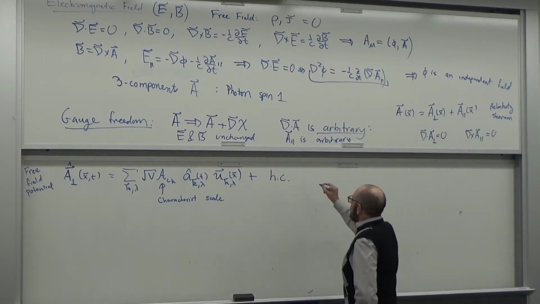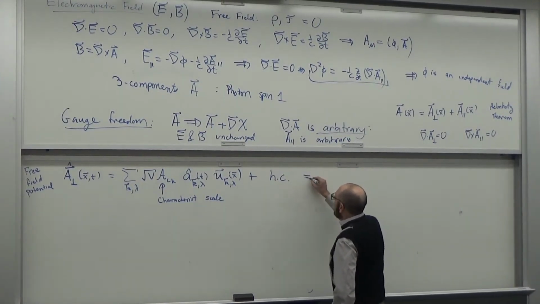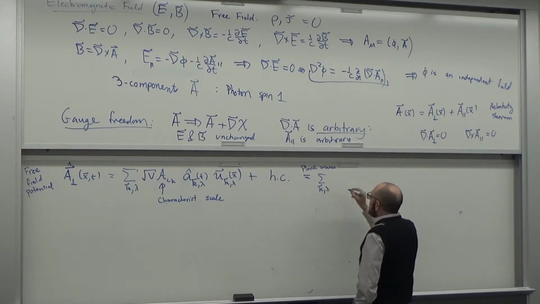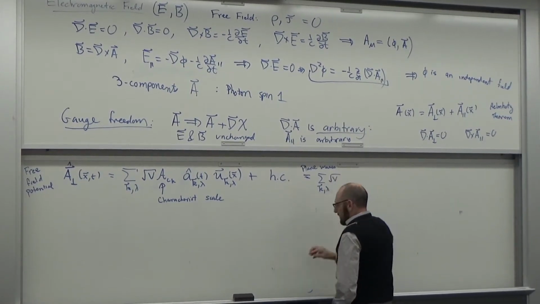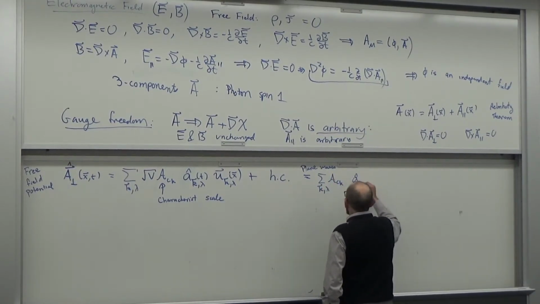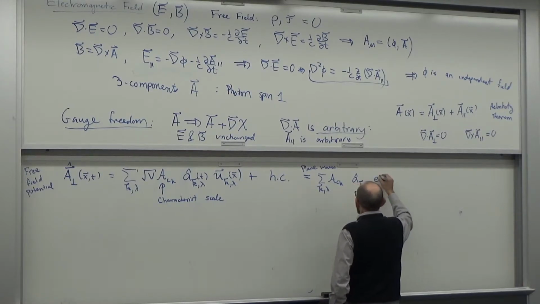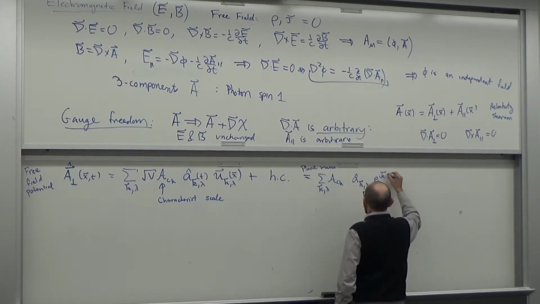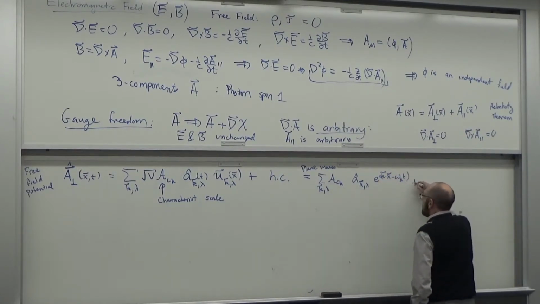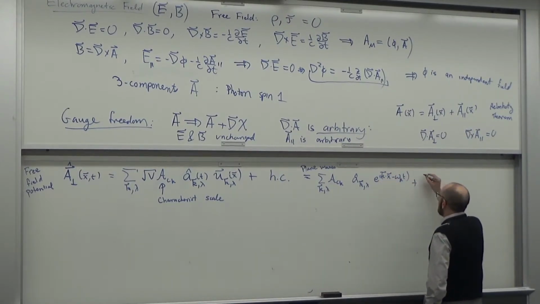If I write this out for the case of the plane wave modes, then this is equal to the sum over k and lambda of this characteristic scale. I'll put in the free field time dependence, plus the Hermitian conjugate, which I'll write out for fun.